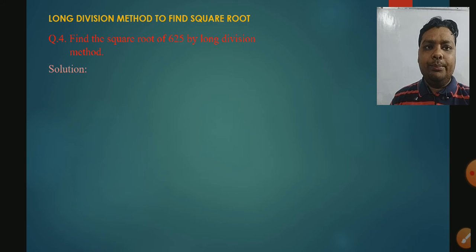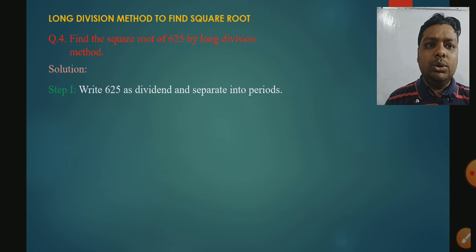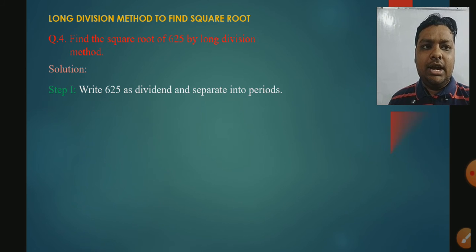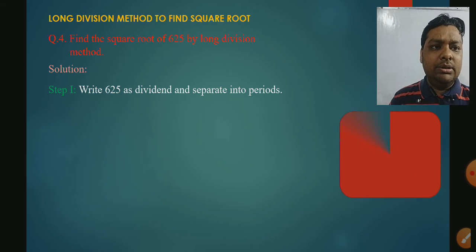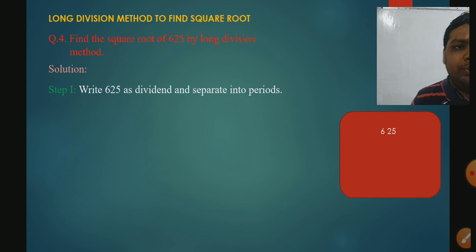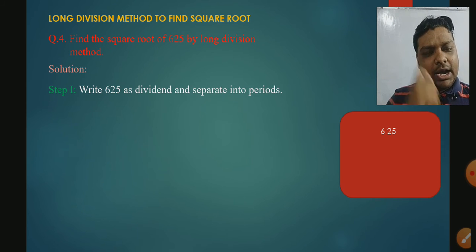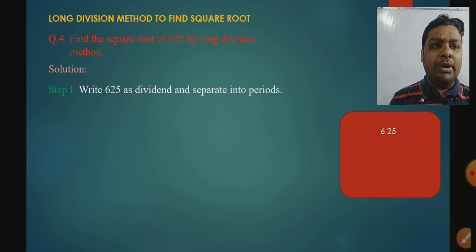Now, in step 1 we have to write 625 as dividend and separate it into periods. What periods? Let's see. At first we will make a box, then here we will write 625. Then we will make periods, meaning we start from the unit digit and make pairs of numbers.